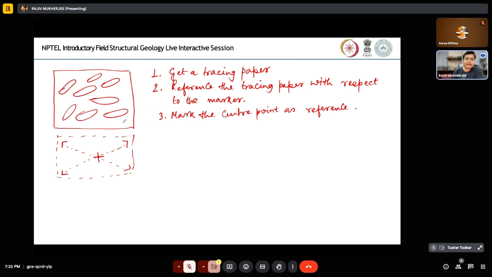Now bring that reference point from the tracing paper to any of the strain marker centers.